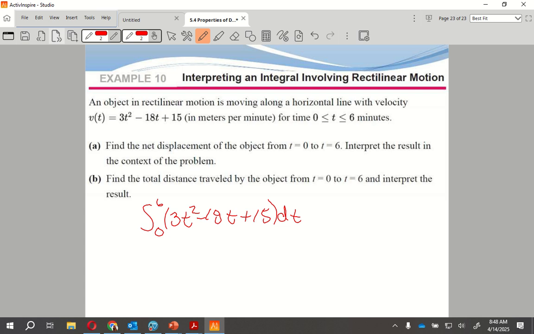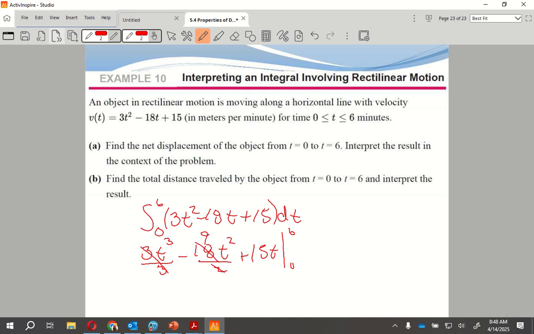Take my integration, I get 3t cubed over 3 minus 18t squared over 2 plus 15t from 0 to 6. Since all these have t's in them, when I plug in the 0, it's all going to be 0, right? So I'm only focusing on the top part. Let's do a little cleanup. 3 over 3 will cancel. This will give me a 9.